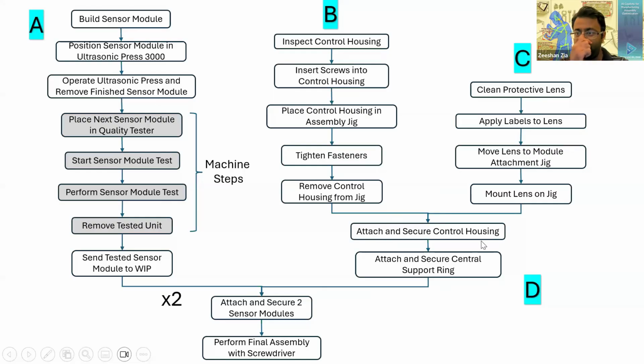This is this step, right? On station B, attach and secure control housing. Yes, we need to remove control housing from jig, but we also need the mount lens on jig step to be completed for this step to start, right? There are two steps that are going into this one. One is remove control housing from jig, and the other is mount lens on jig. So we will have to put in both of these numbers in for this step, attach and secure control housing.